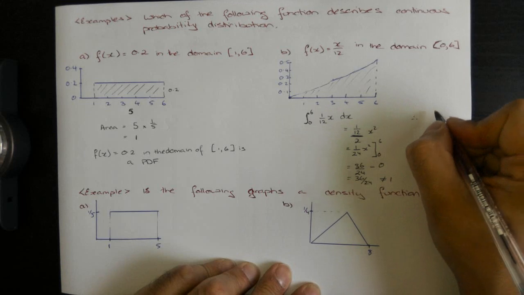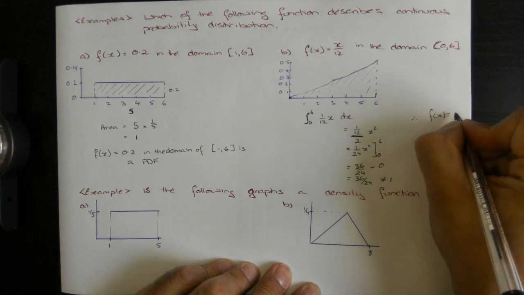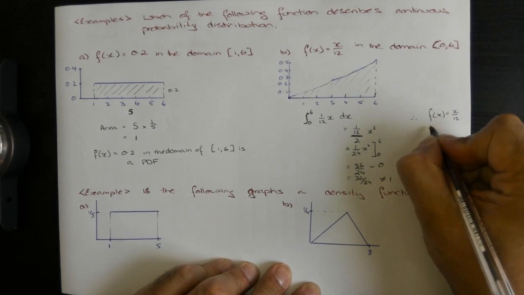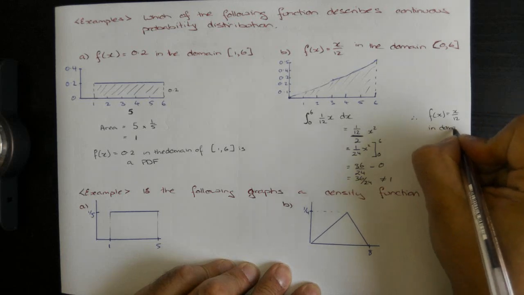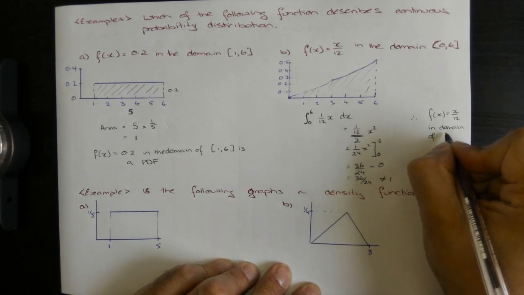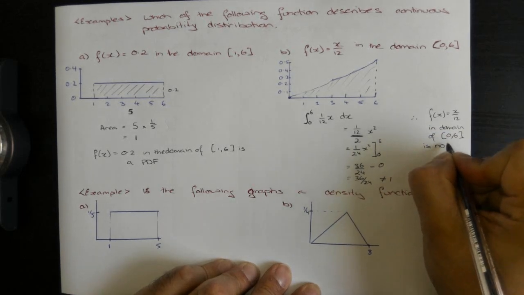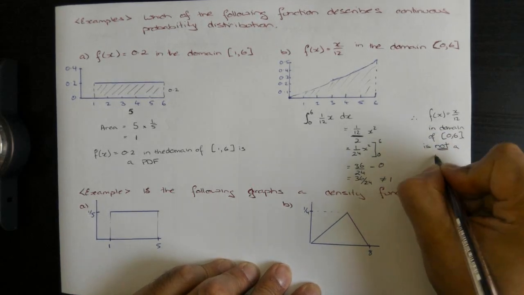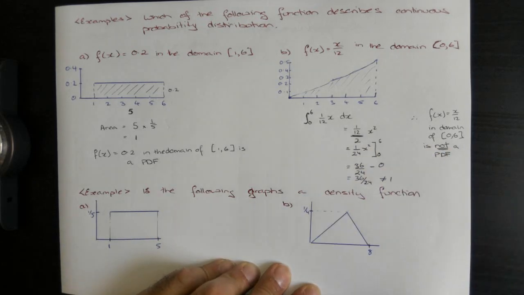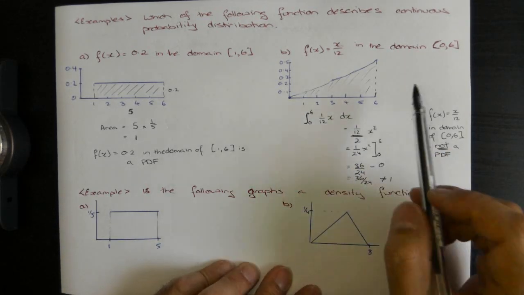Therefore, f of x equals x over 12 in the domain of 0 to 6 is not a PDF. Okay, and this is why we had to do integration before we could do this topic.